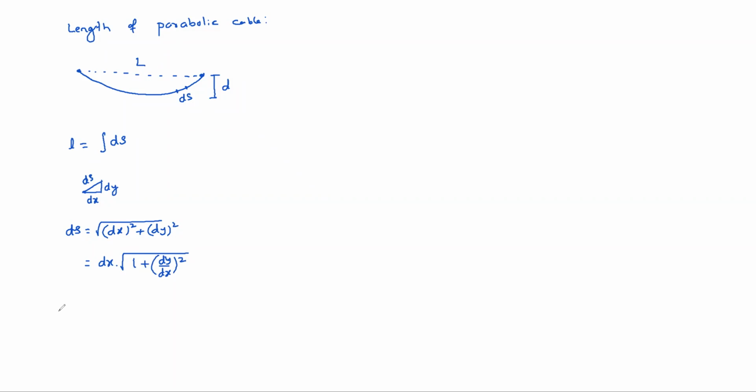That means L equals total length of the cable equals integral of root of 1 plus dy by dx whole square dx, x varying from 0 to capital L. Okay, this is the integration we need to perform. But we know y equals 4d by capital L square into x into L minus x.